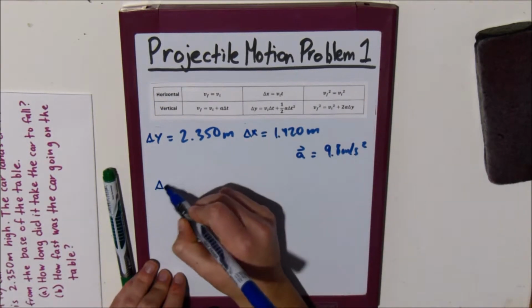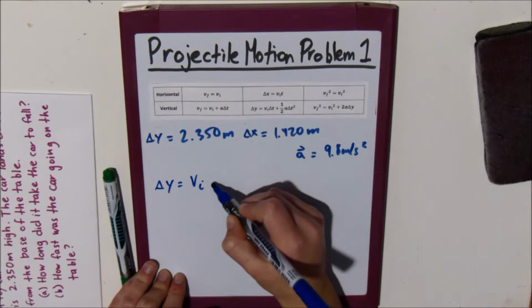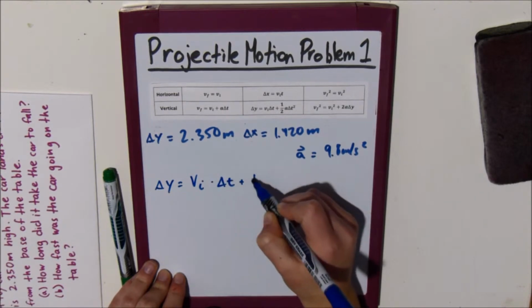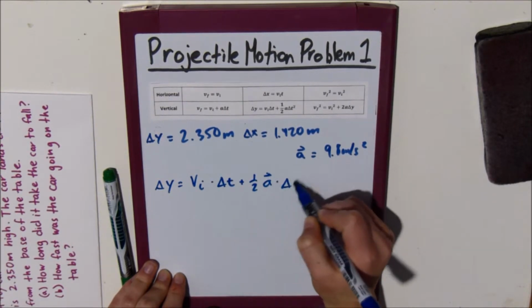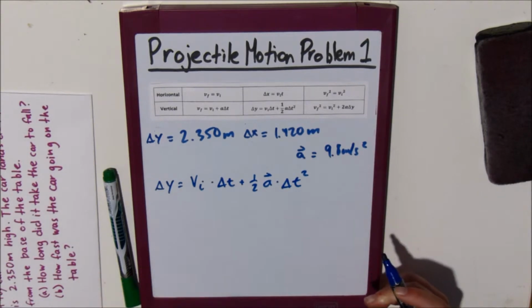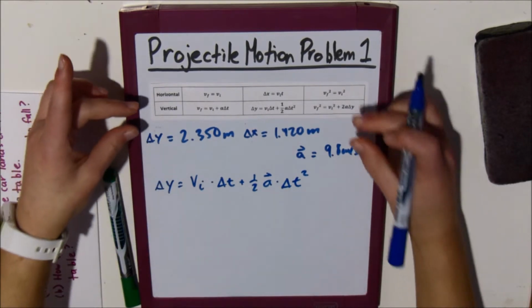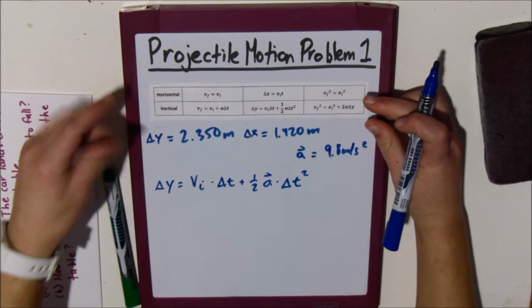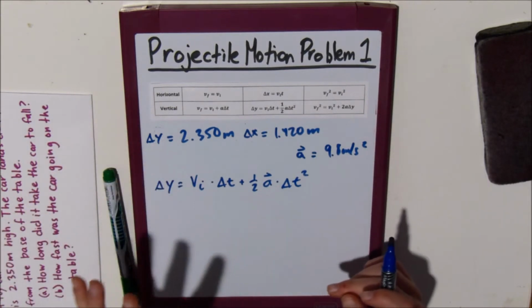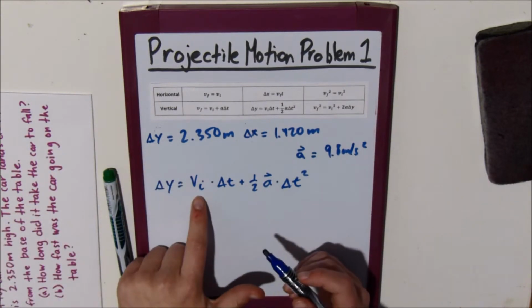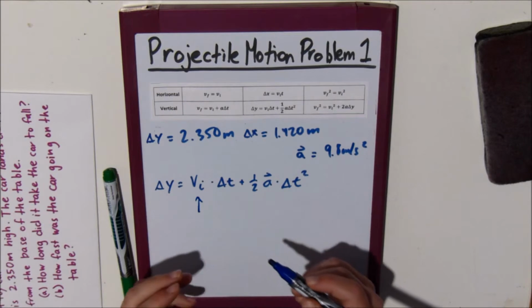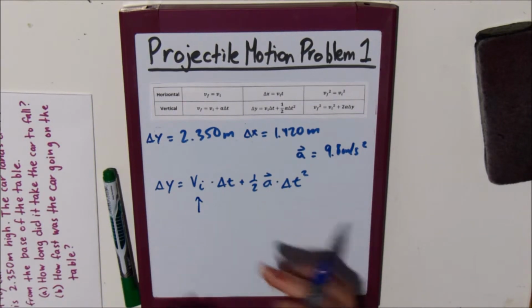So delta y equals v initial times delta t plus 1/2 acceleration times delta t squared. Now I should also point out that anytime you separate the motion equations into horizontal and vertical, you're only focusing on the vertical parts. So here, this would be the vertical initial velocity. And like I've said, that doesn't exist.